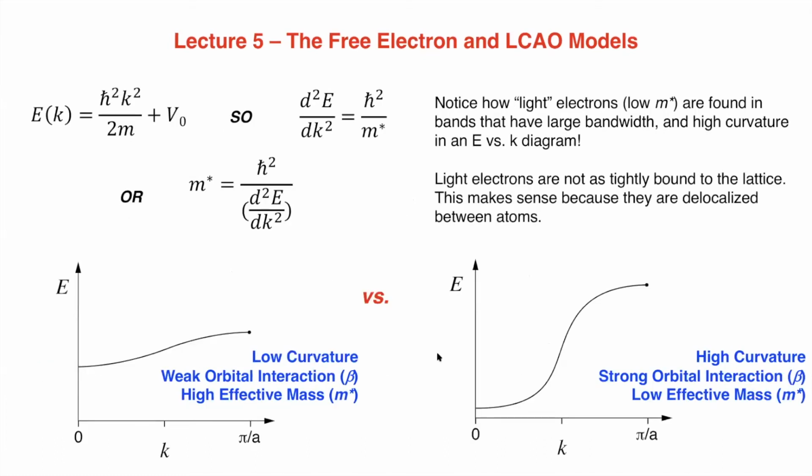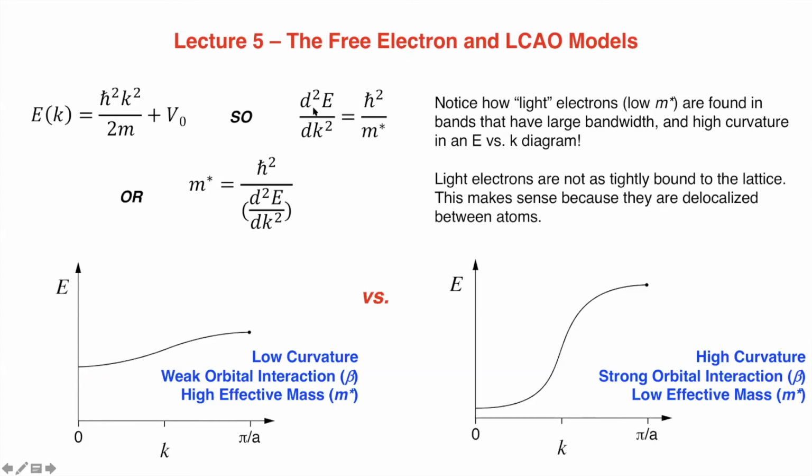So to help drive this home, you can take a look at something like the curvature of the E versus k diagram. So take this relation I showed you before. Here's the kinetic energy term for an electron. That comes from the simple classical quantum mechanical conversion. And if you take the second derivative of that with respect to k, you end up with a function that's proportional to 1 over the effective mass.